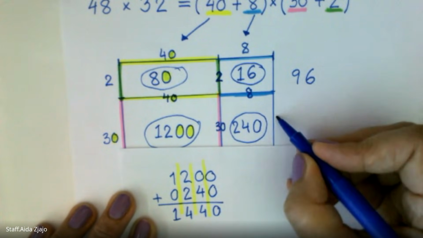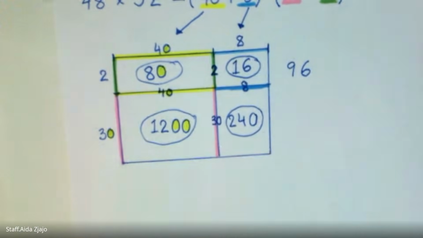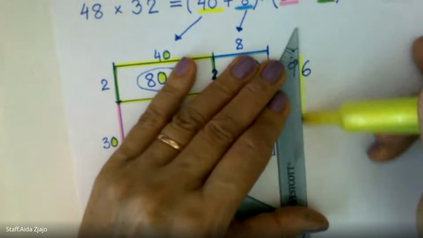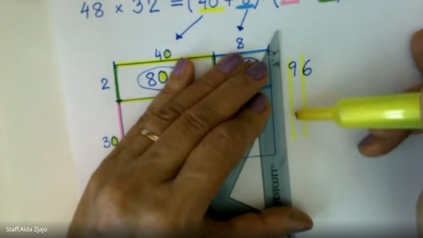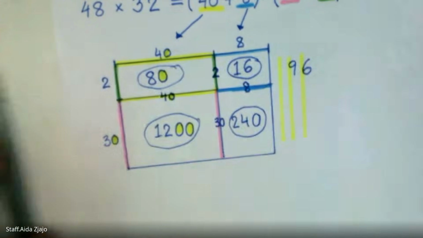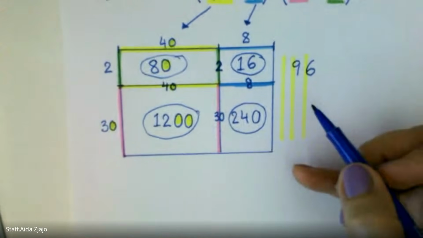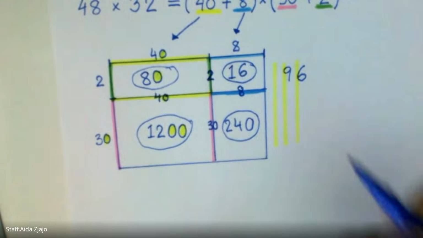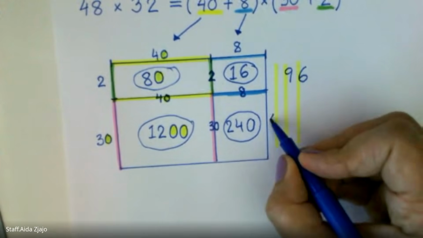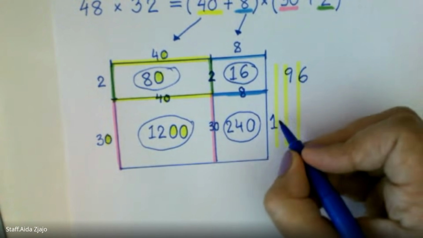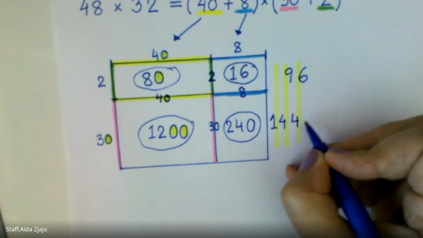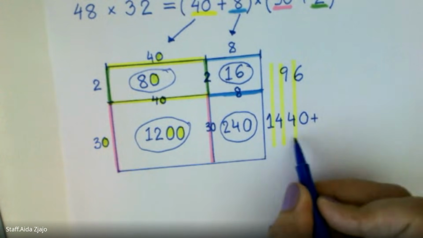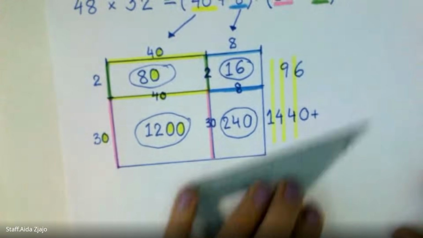If I would like to make a precision, I can also add the lines between, and then I will add this value, 1,440. So 1,440 is my other number.